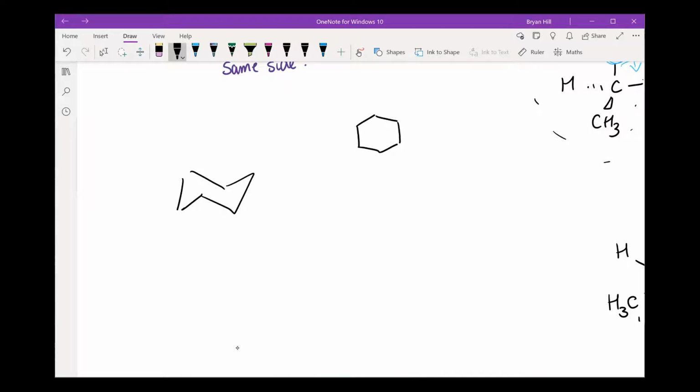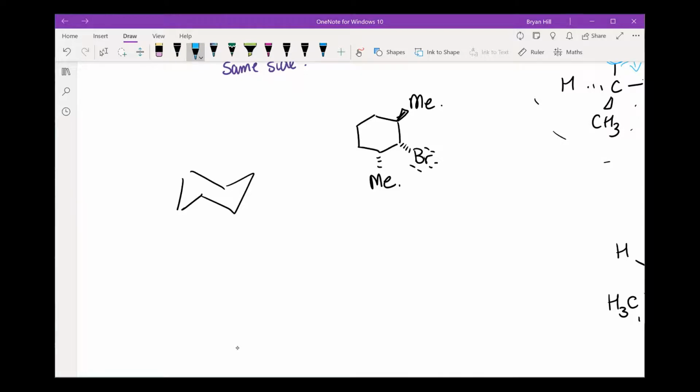So for example, let's say that this is our two-dimensional structure of this tri-substituted cyclohexane.